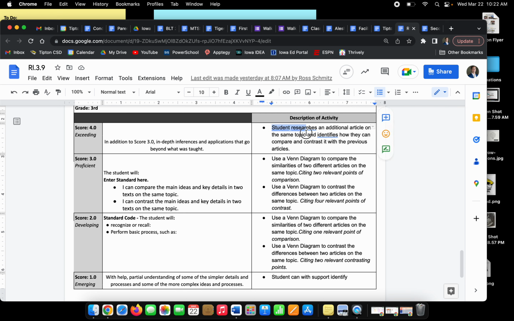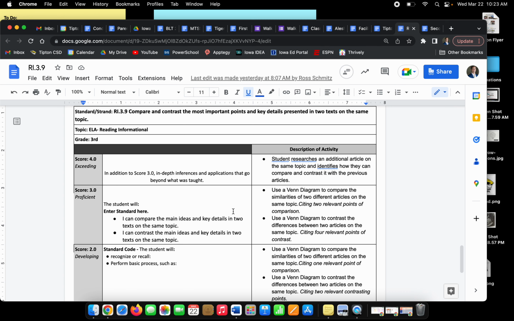So it's a good example of how you can use these to be versatile and not just meet one standard in one specific realm of reading. These do end up helping us meet standards in other areas as well.